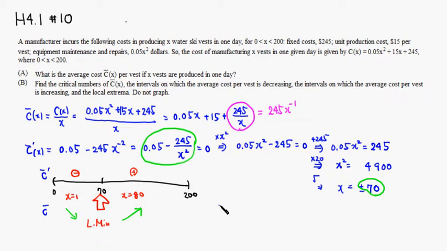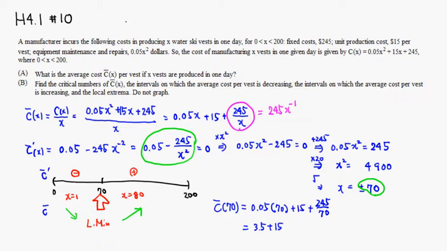If you plug 70 into the average cost function, we're going to get 0.05 times 70 plus 15 plus 245 over 70. So 0.05 times 70 is 3.5, plus 15.